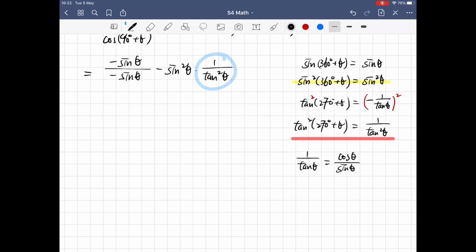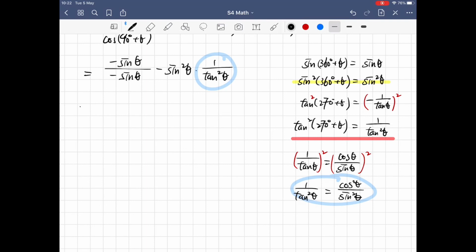So therefore, when we take square on both sides, for the left hand side we will have 1 over tangent square theta, and for the right hand side we have cosine square theta over sine square theta. So we'll use this to represent 1 over tangent square theta.